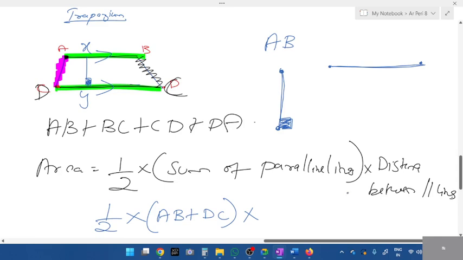Distance between the lines is nothing but x and y for this diagram. Basically, it is height. So half into sum of parallel lines into distance between them. Only this one will be confusing, trapezium. Fine. Make a note of this diagram and write the area formula.